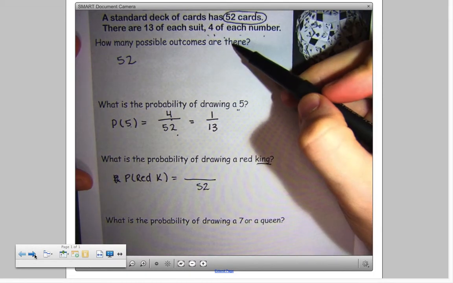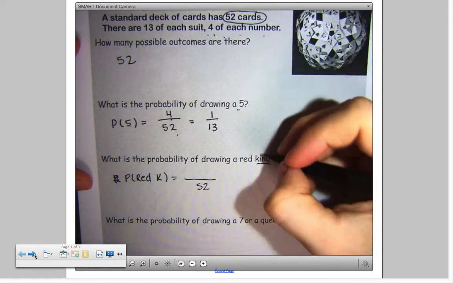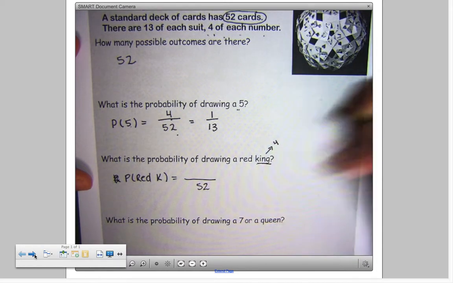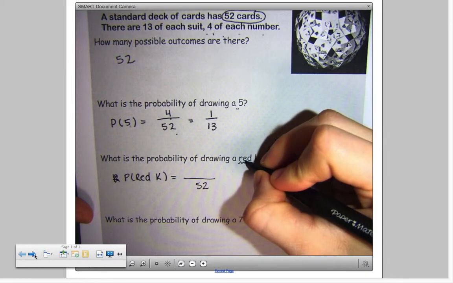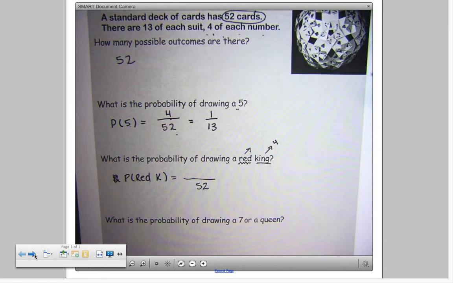We know that there are 4 of each number in the deck, so we know that there are 4 kings. Okay, but right here it wants it to be a red king. We know that there's only 2 suits that are red. So in the entire deck there are only 2 red kings. So that means that my probability would be 2 out of 52.